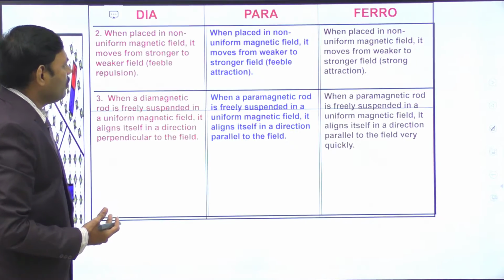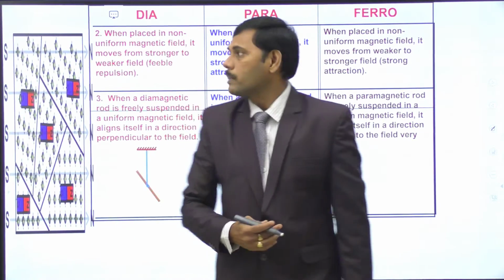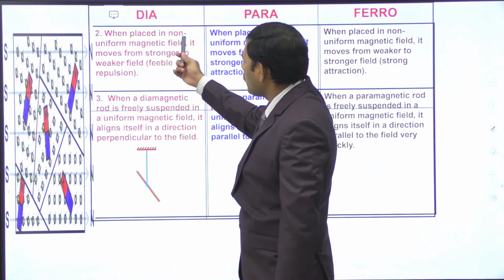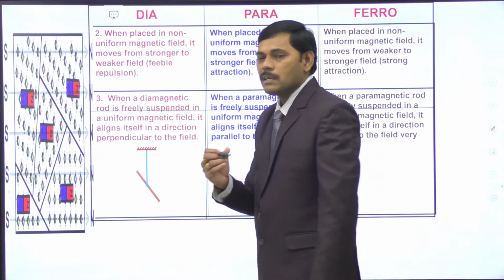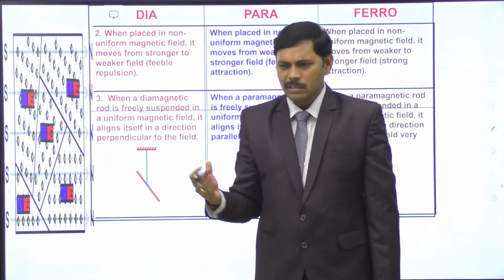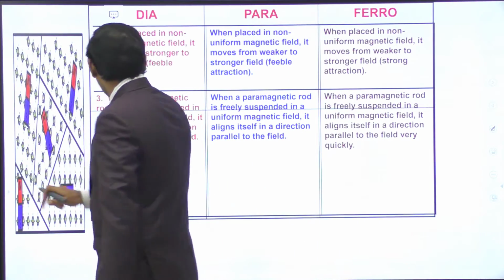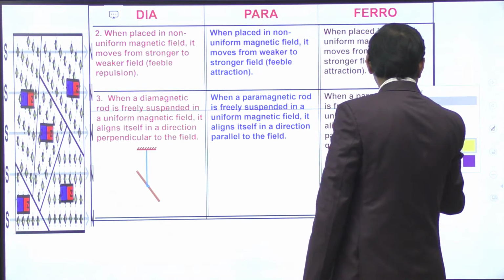So dia, para, ferro, we are continuing. Here I would like to explain two more properties. When a diamagnetic substance is placed in a non-uniform magnetic field, non-uniform means at a certain region there is a strong field and at a certain region there is a weak magnetic field.